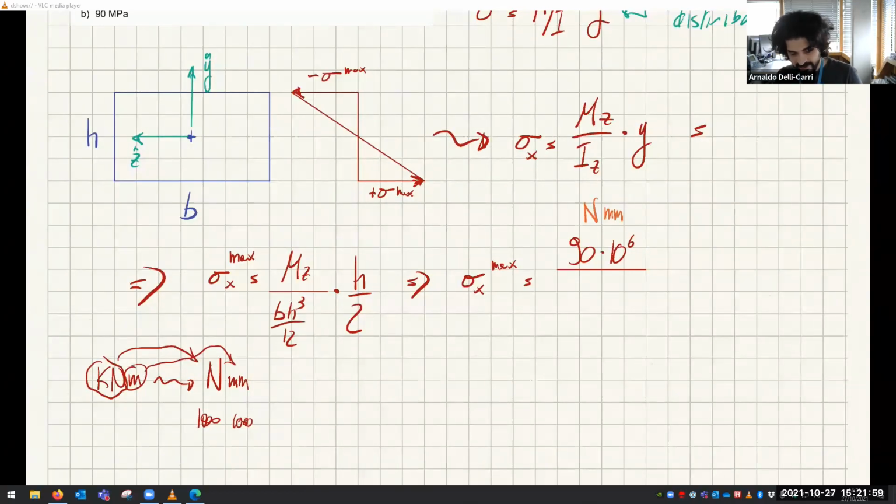Divided by everything in millimeters. These are millimeters to the power of 4.